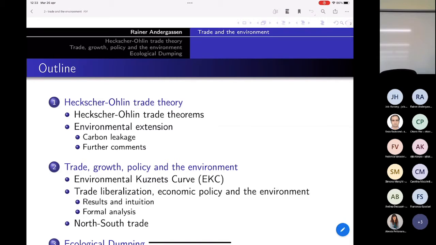So the first part that I would like to do is therefore to discuss a very simple model of international trade, which is the Heckscher-Ohlin trade theory.